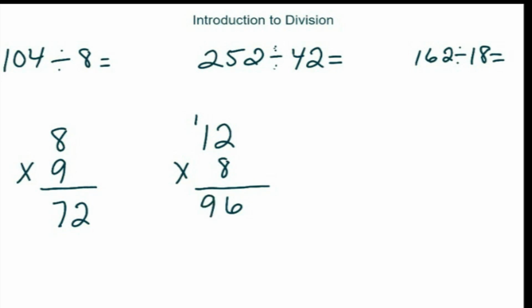Eight times 12 is only 96, and 96 is not what we're looking for either. Therefore, we need to multiply by a number higher than 12. So let's try 13.